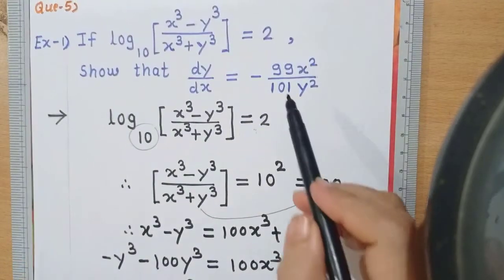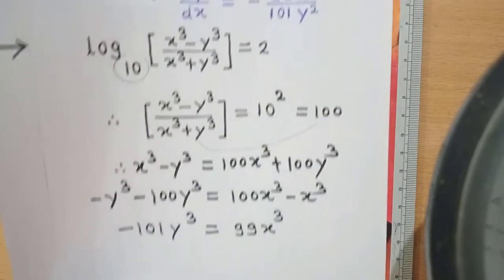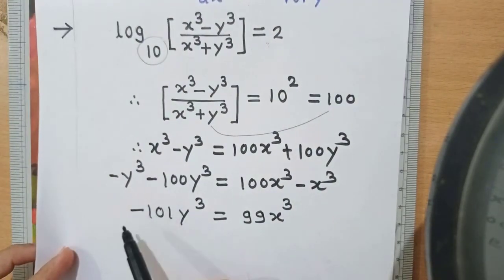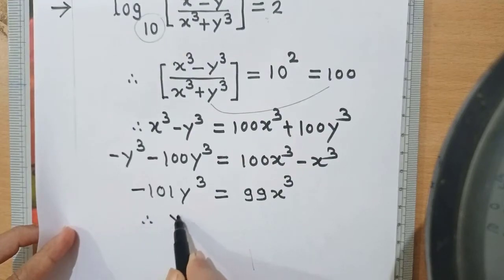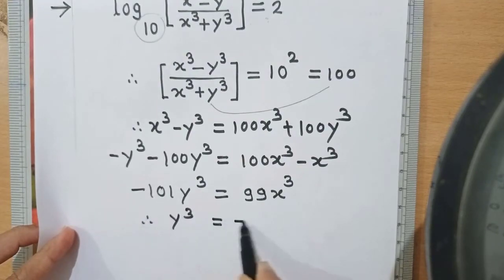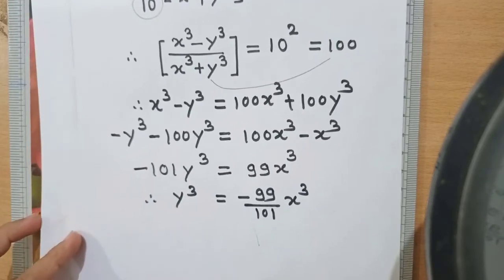Now again we have to show minus 99 upon. So we will move this 101 here in the denominator. So y cube is equal to minus 99 upon 101 x cube, which is in simplest form.